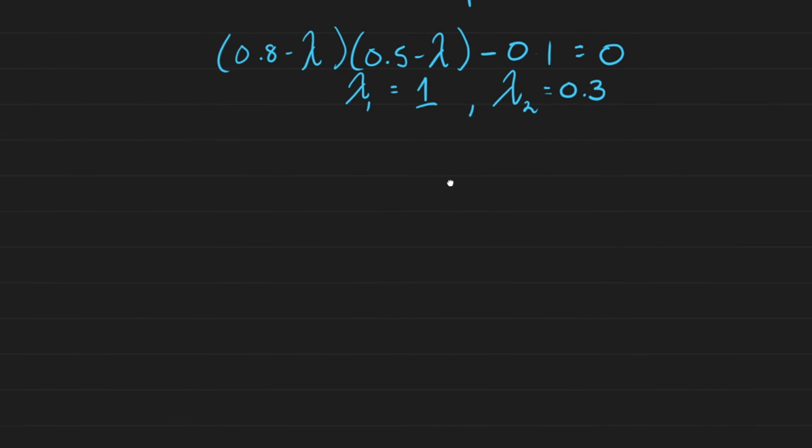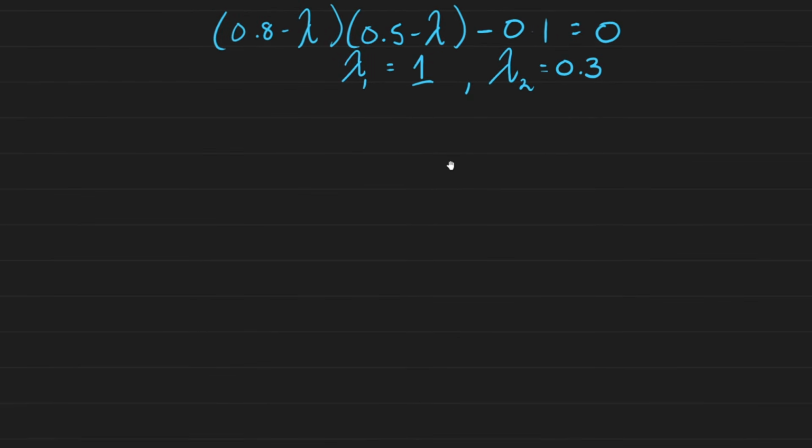In order to find the eigenvectors, we take the equation A minus lambda I, multiplied by the eigenvector, and we set this equal to 0, and then solve for the eigenvector. We have to do it for two values of lambda: firstly for lambda equal to 1, and then lambda equal to 0.3. So let's do it now for lambda equal to 1.